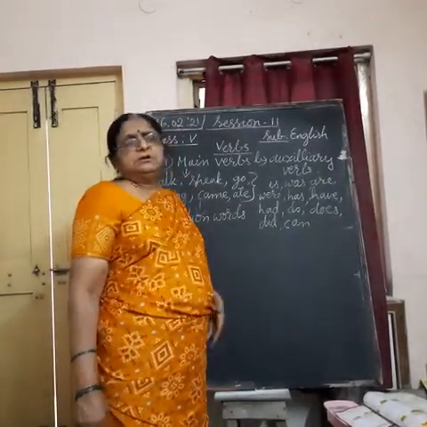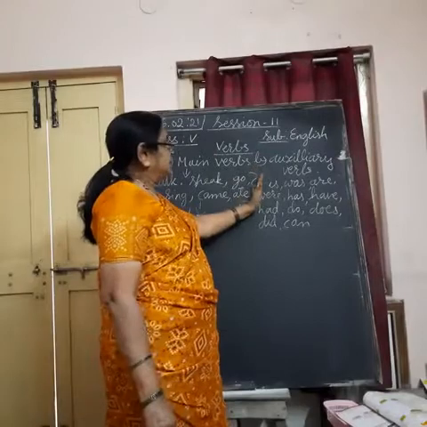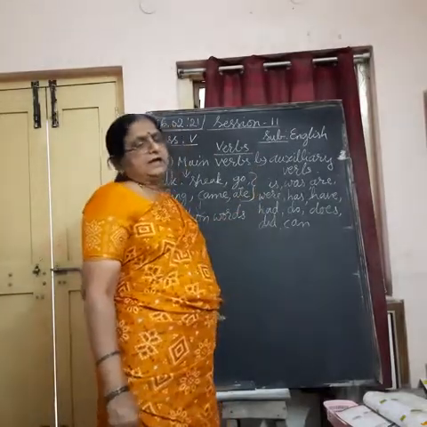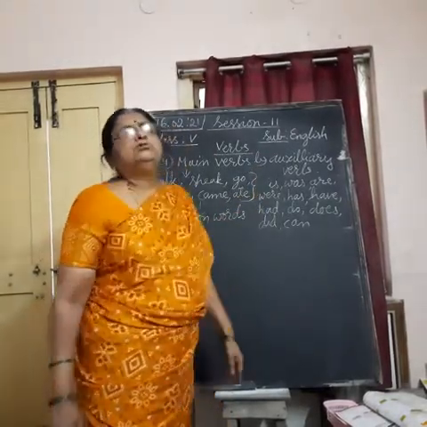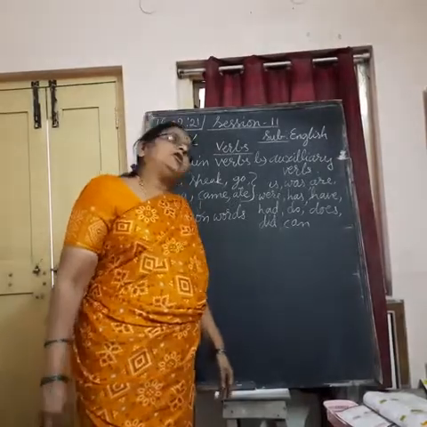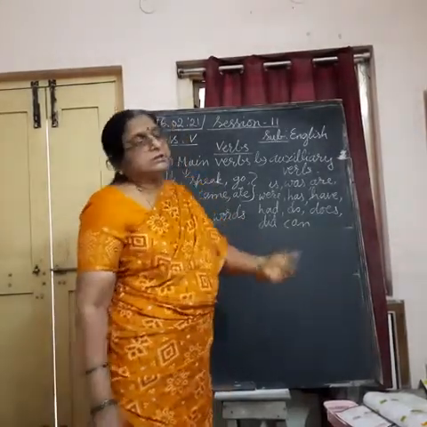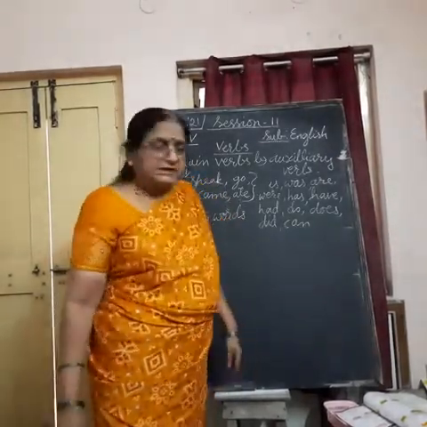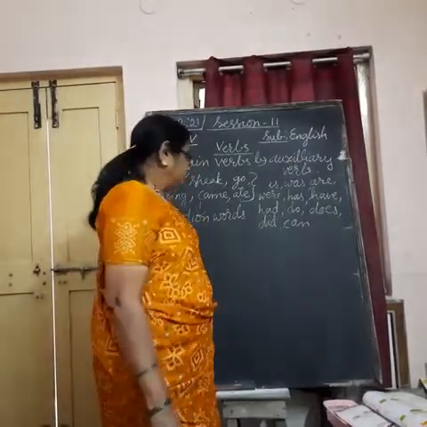Auxiliary verbs are those which are helping verbs and they help the main verb to complete the sentence or to form the tense of the sentence or to make the negative form.